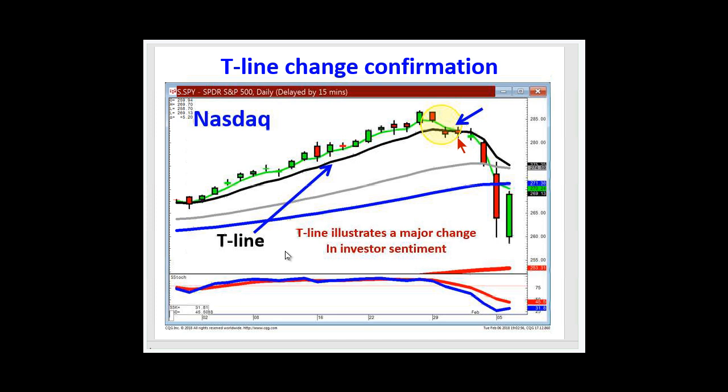As soon as you close below the T-line, the probability factor goes tremendously in the other direction, that you're probably in a downtrend until you see it come back up above the T-line. The T-line is the 8 exponential moving average, yes.